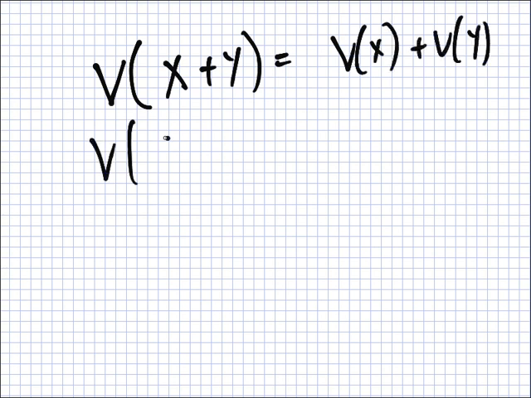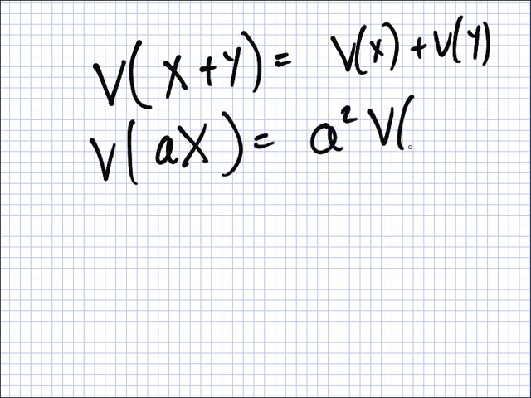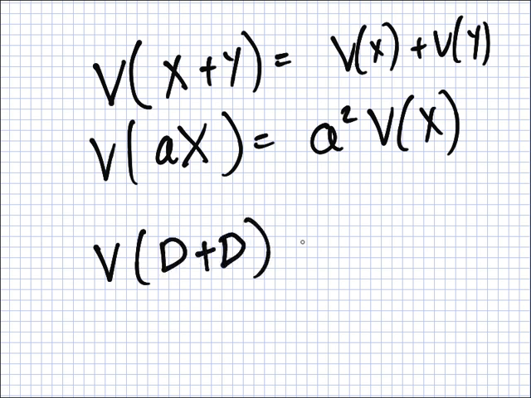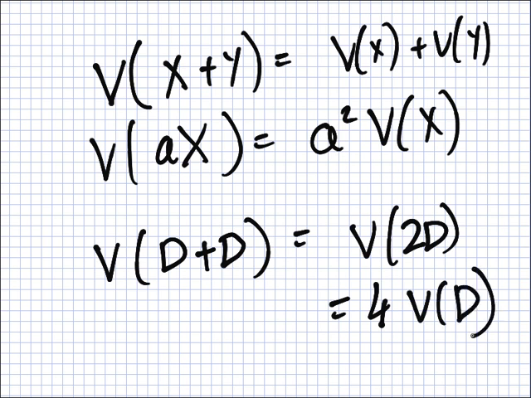And remember we said if it was ax, that would be a squared variance of x. We remember this, right? So I realised what I did wrong when I calculated the answer the first time. I said variance of the die plus the die is equal to variance of 2d, which will equal 4 variance of d, which is why I got the wrong answer.